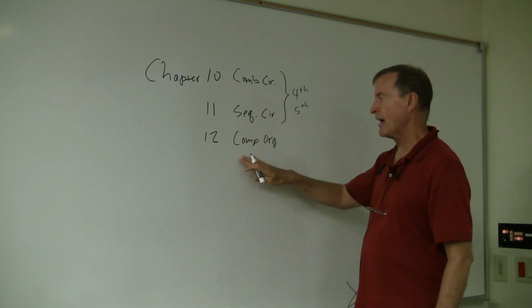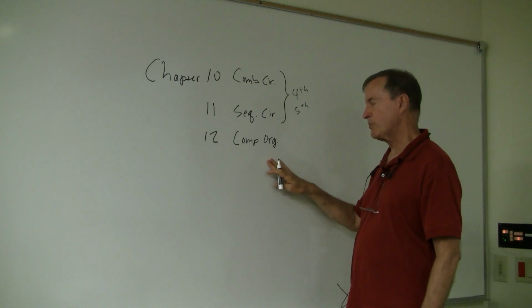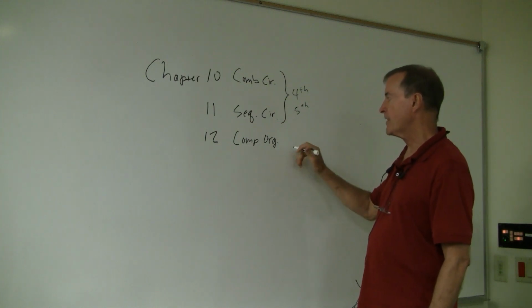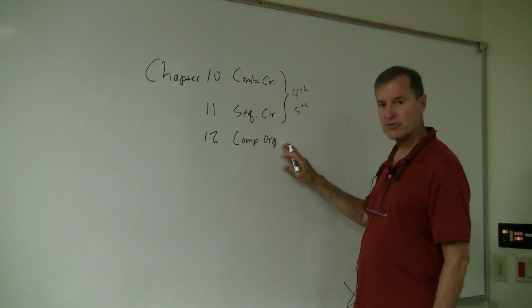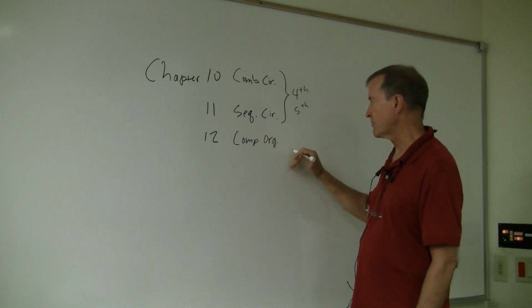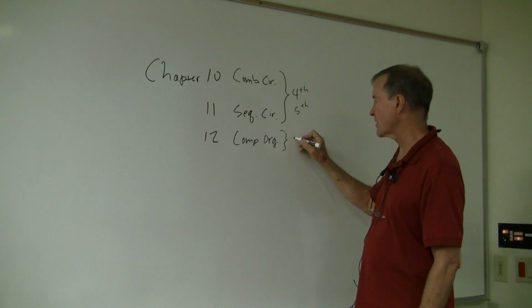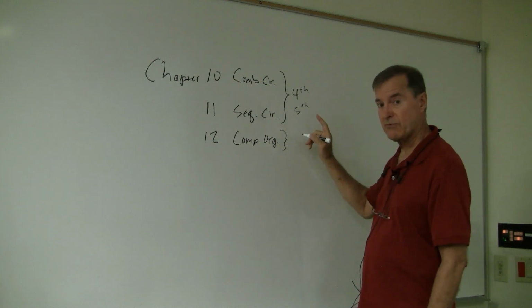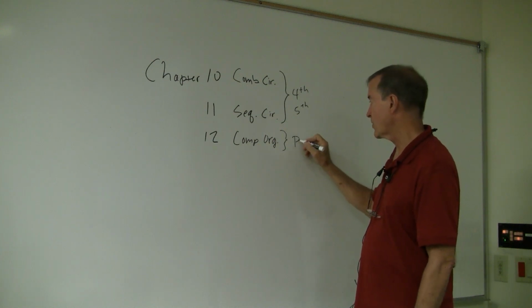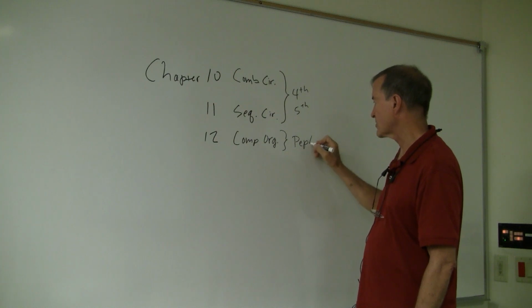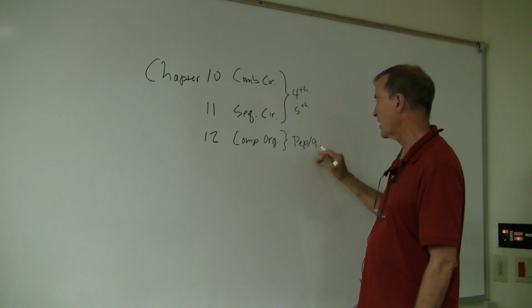On the other hand, for chapter 12, computer organization, there was a substantial change between the 4th and the 5th edition. In this sequence, we're going to use just the 5th edition, and we are going to describe the computer organization of the PEP 9 computer.